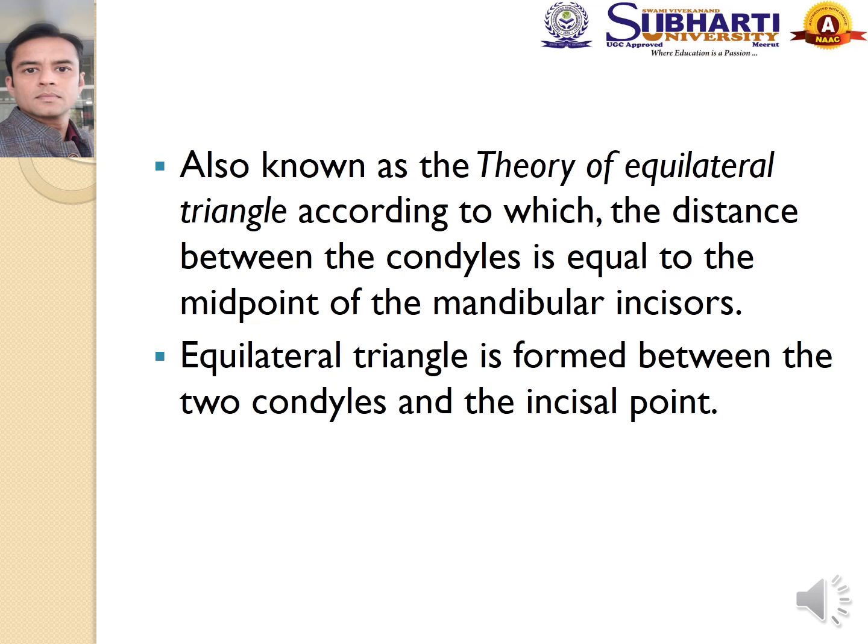It is also known as the theory of equilateral triangle, according to which the distance between the condyles is equal to the distance from each condyle to the midpoint of the mandibular incisors. That is, we have an equilateral triangle joining the center of the two condyles and the tip of the mandibular central incisors. On this theory, the articulators can be classified.